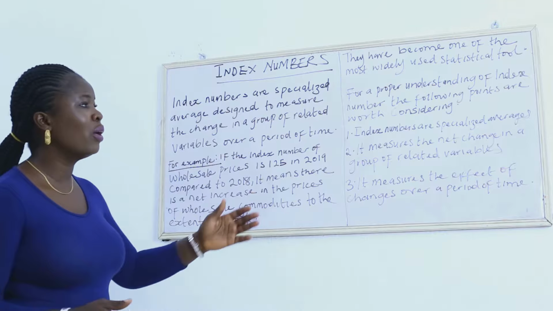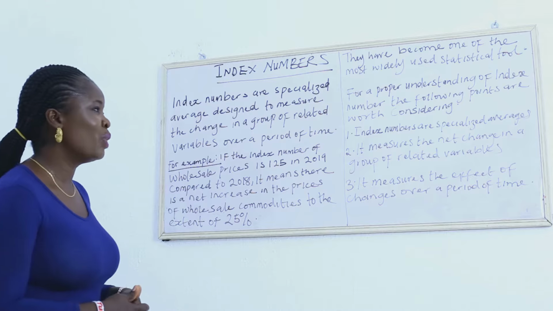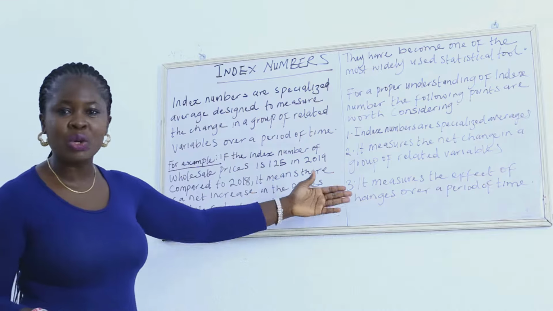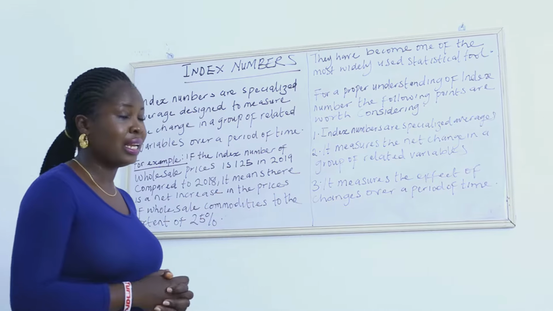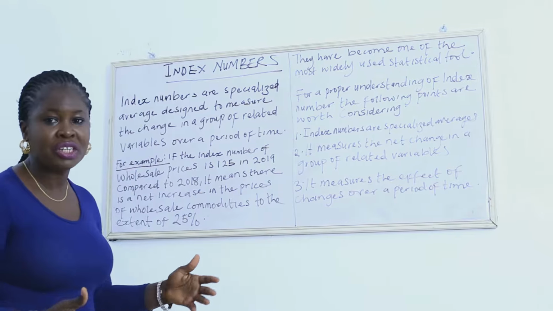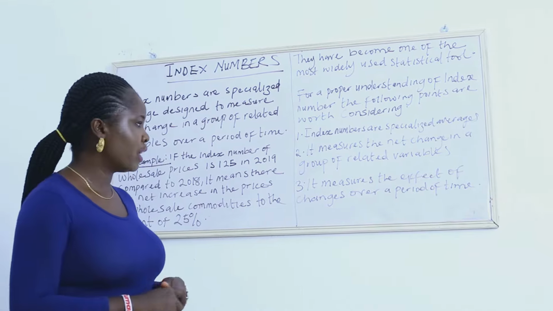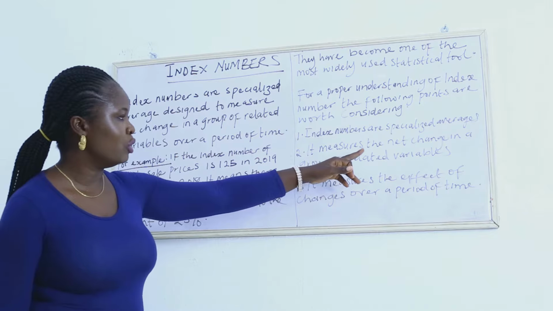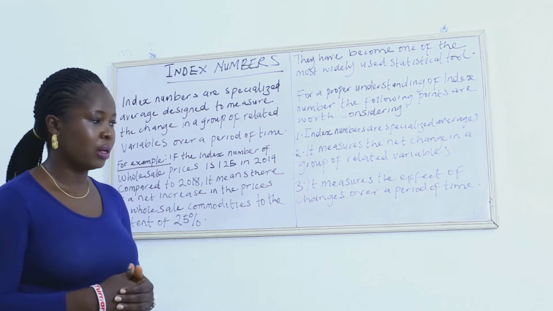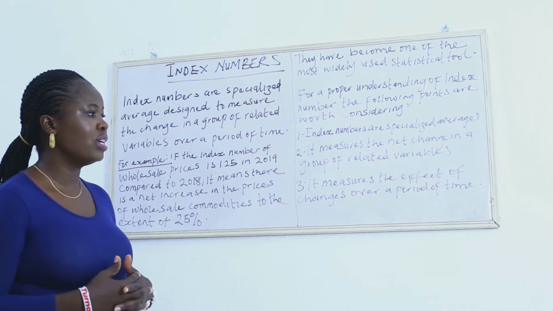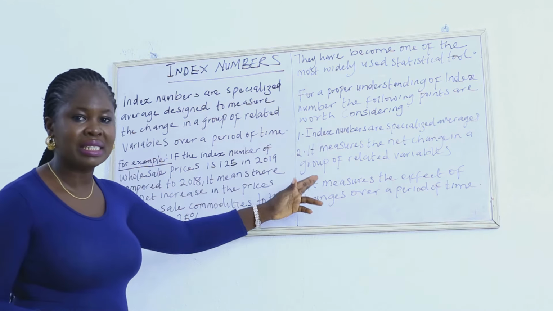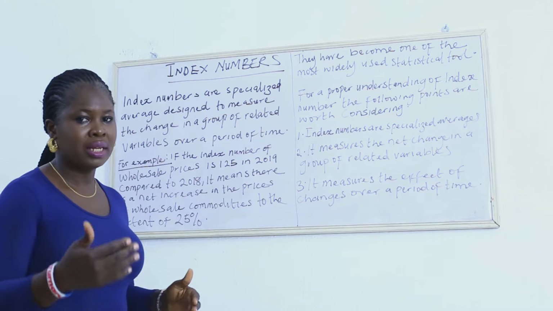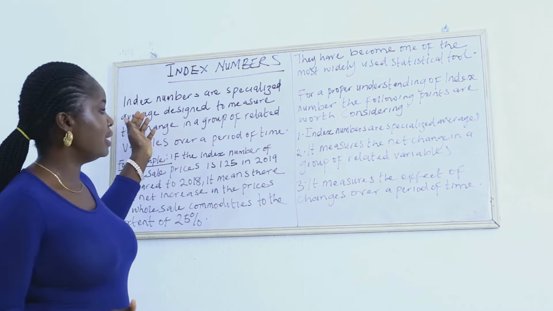But for a proper understanding of what index numbers are, we should also take note of the following points. One, index numbers are specialized averages, and they are used to measure change in a group of related variables over a period of time. What I did in these points is just to break the definition down.